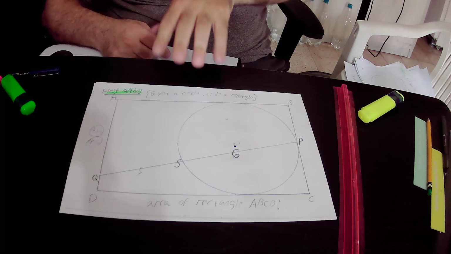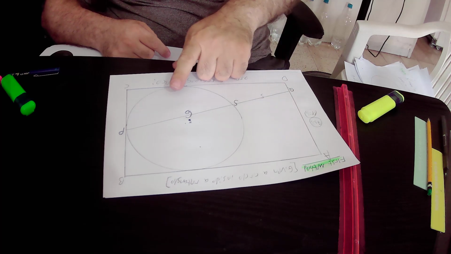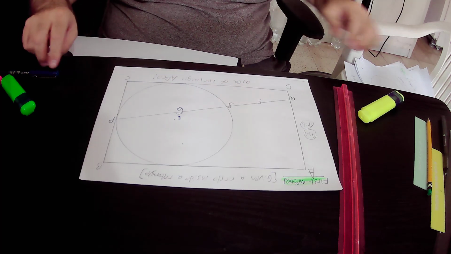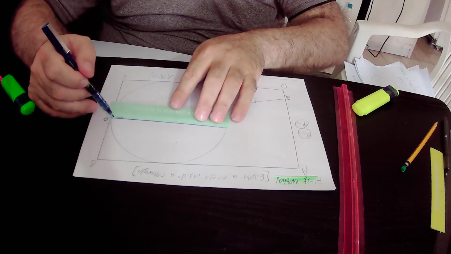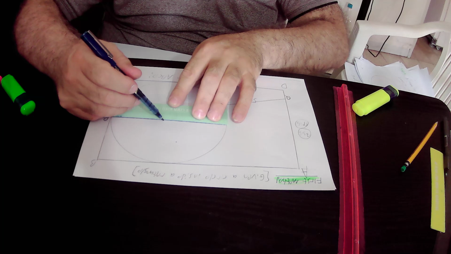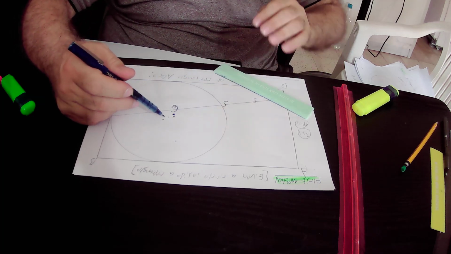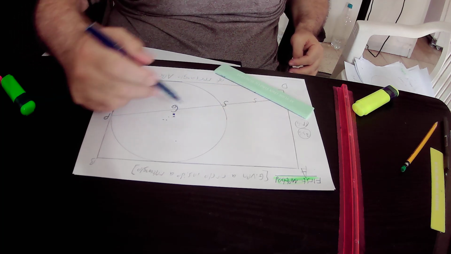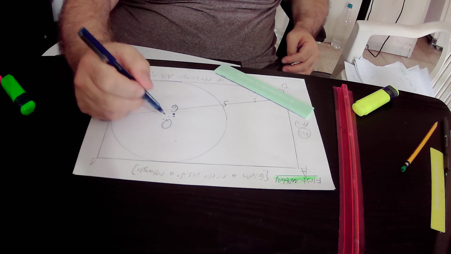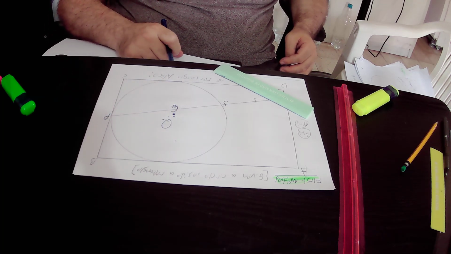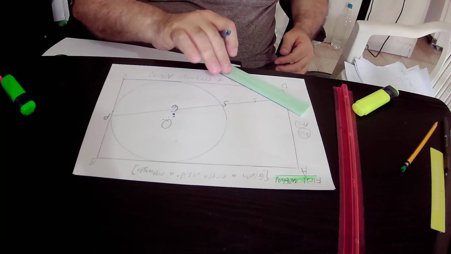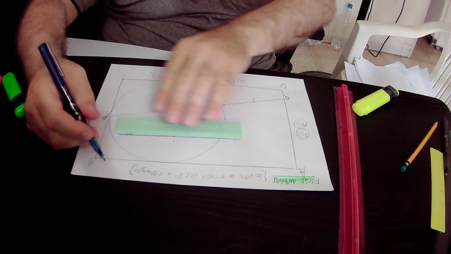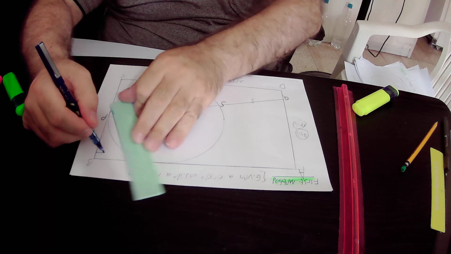Okay, so we start with the first method. In the first method, we define the center of this circle as point O. Here, point O is the center of this circle. In the next step, we know that all the angles inside the rectangle are right angles.